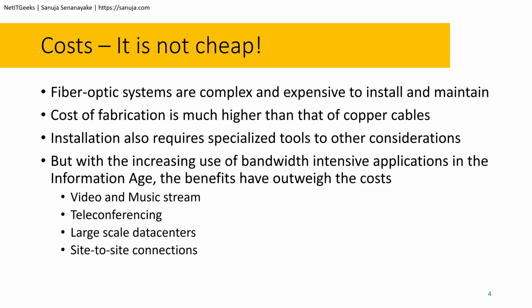Compared to a PSTN telecommunication network with copper cables, or a packet switch network with copper cables such as Cat5 and Cat6, fiber optics systems are always complex and always going to be a little bit more expensive to install and maintain. The cost of fabrication is also much higher than that of copper cables.